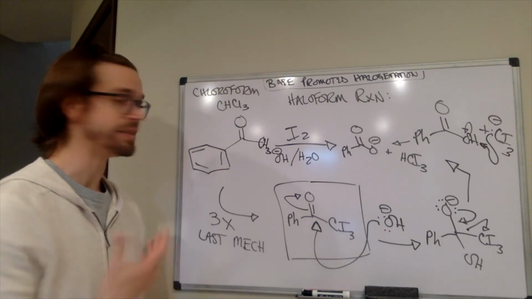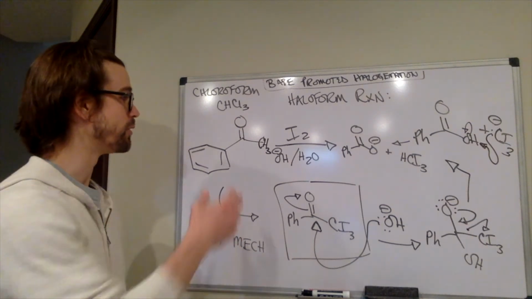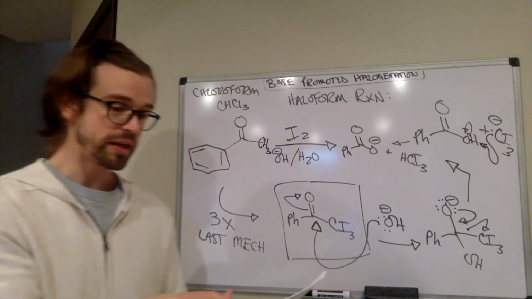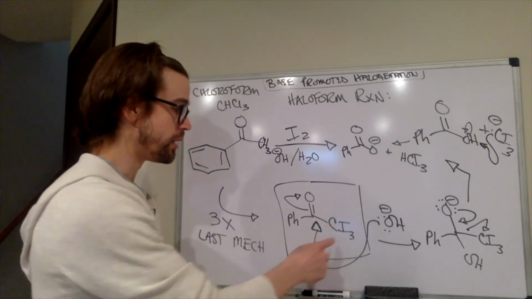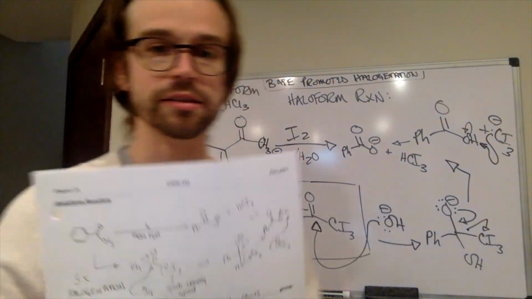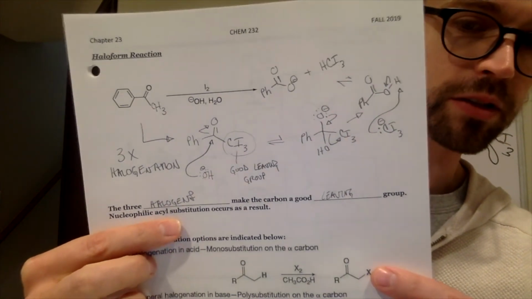So this can actually be a test for a methyl ketone, essentially. The 3 halogens make the carbon a good leaving group. And nucleophilic acyl substitution occurs as a result.